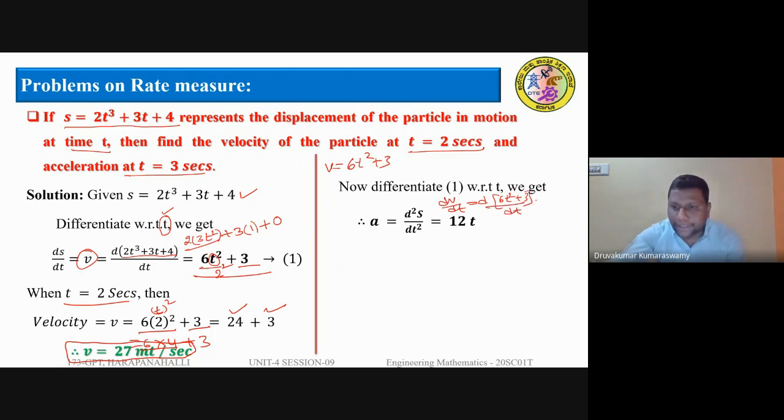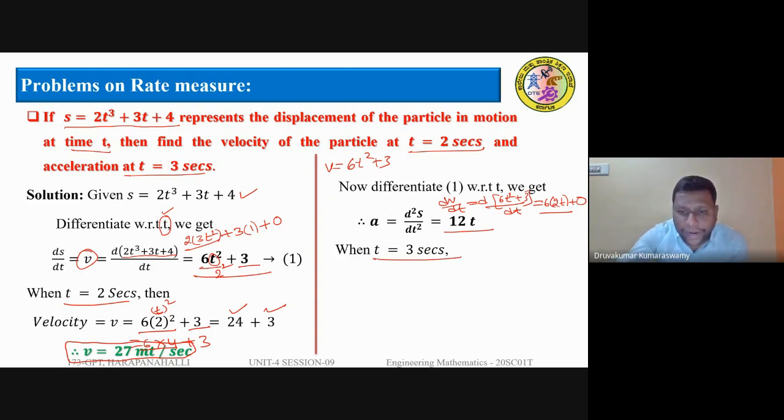So 6 into what is differentiation of t square? 2t, plus differentiation of 3 is 0 because that is a constant. Differentiation of a constant is 0. So 6 into 2 is 12t. Acceleration is equal to 12t. That is a simple differentiation. It is not complex, it is simple differentiation.